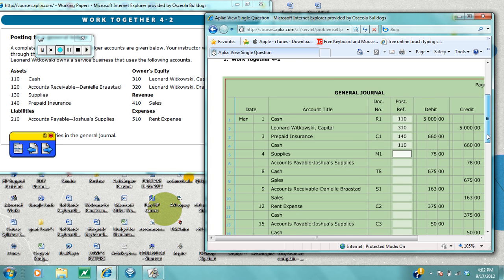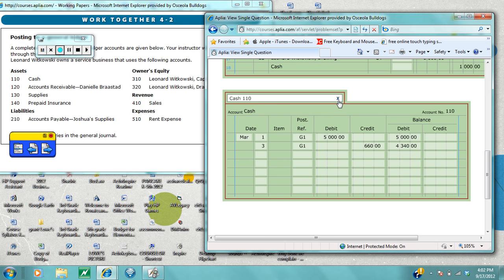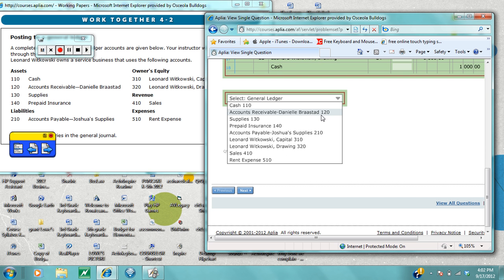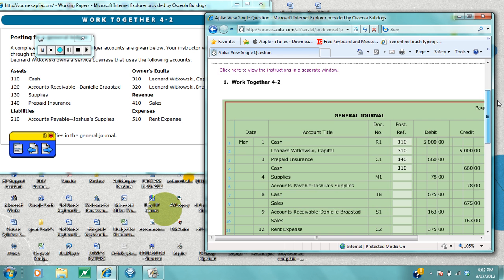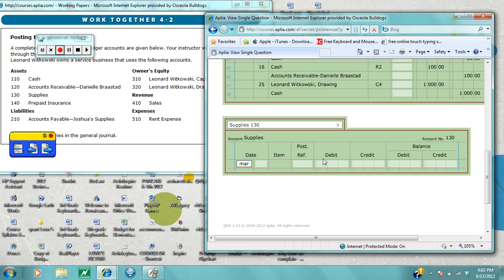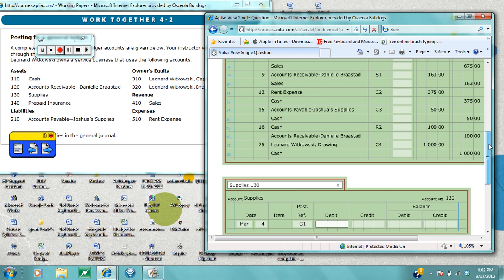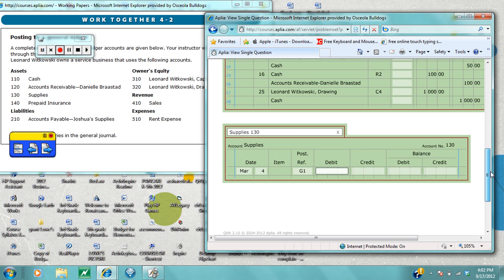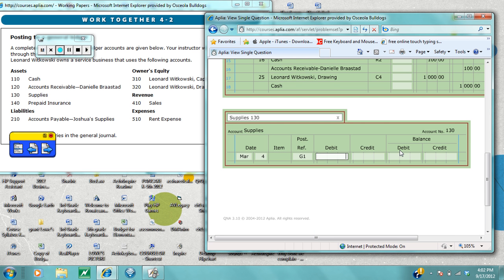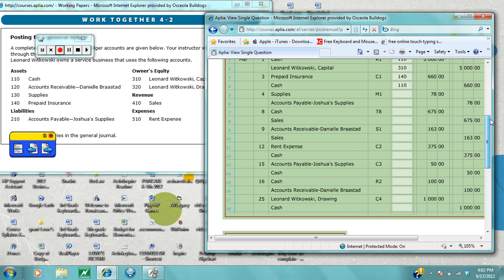Supplies. Go down. Find supplies. It's March. I don't know what day. March 4th. Post reference is G1. We're debiting supplies because supplies here is a debit for $78. Whoops, 78. Bring that 130 up.